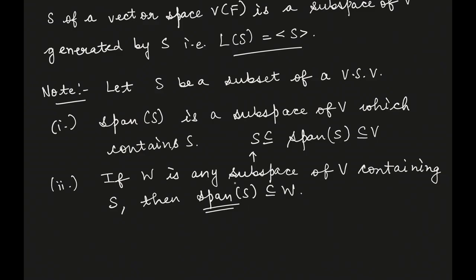So, whenever there is a restriction on any set, then that set will be a smaller set, na? Is this clear? Yes, ma'am. Okay. Now let us discuss some examples.